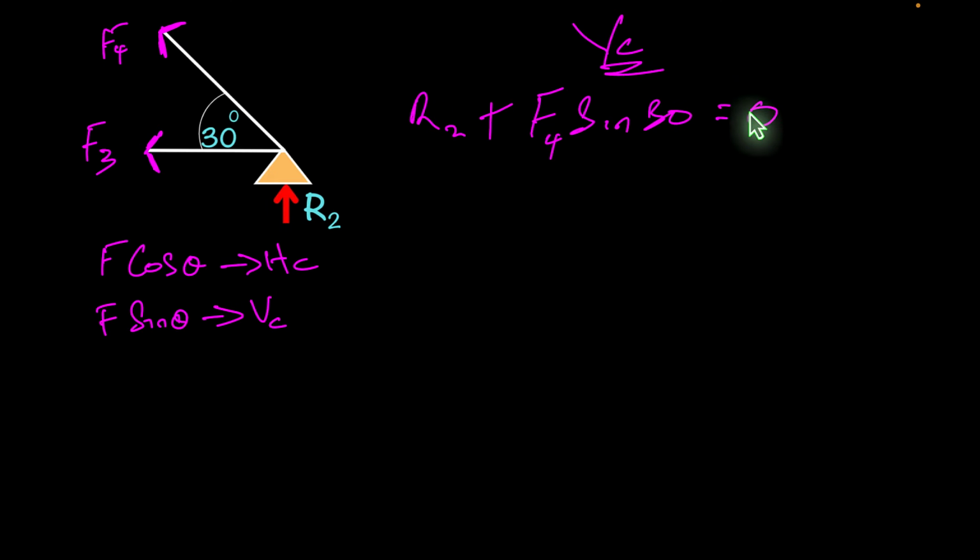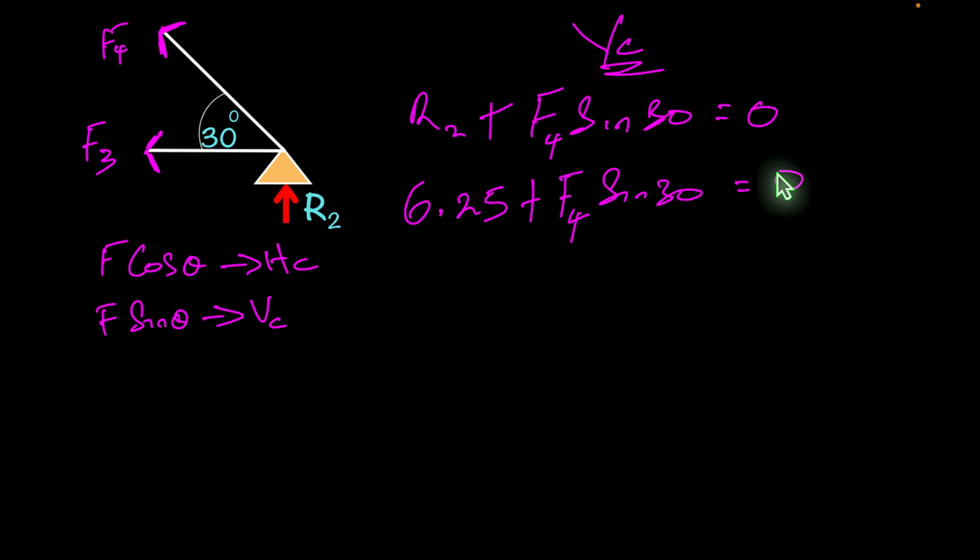So if we substitute what we know for R2, which we just calculated, that R2 was 6.25, that will be added with F4 sin 30 equals 0.